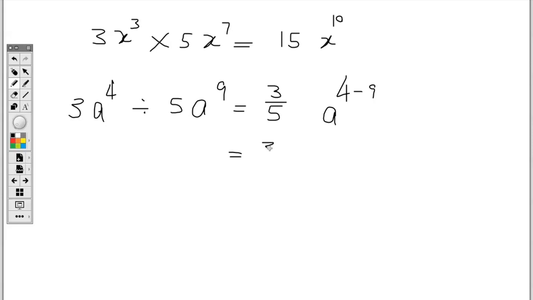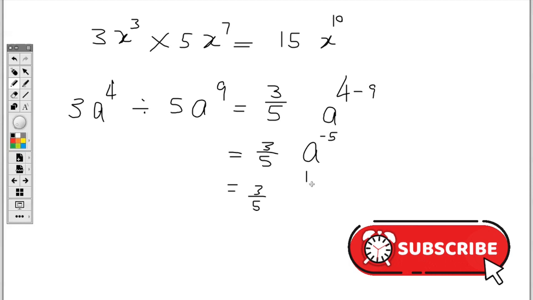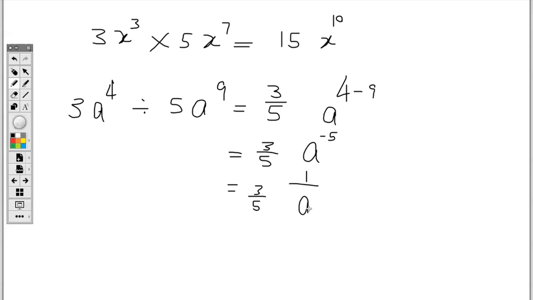Now 3 over 5, leave it as it is. Don't do anything else to it. But the next one, 4 take away 9, that's negative 5. We can apply the rule that says when you have a negative power, you can rewrite it as a fraction. So this will become 1 over a raised to the positive 5. Simplifying further, multiply across 3 times 1, that's 3 in the numerator, and 5 times a to the 5th, that's 5a to the 5th. So this will be our answer.